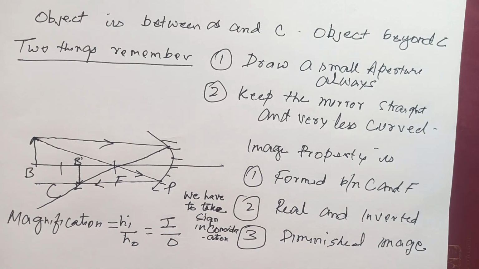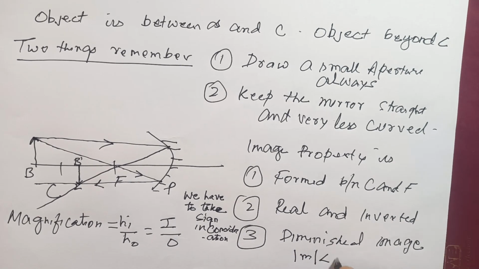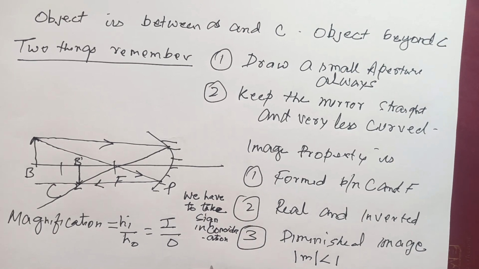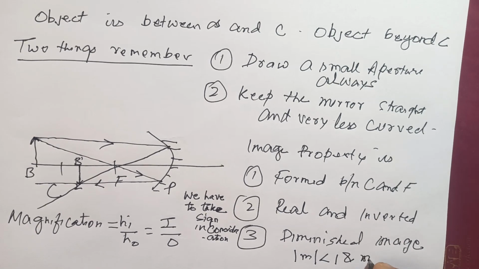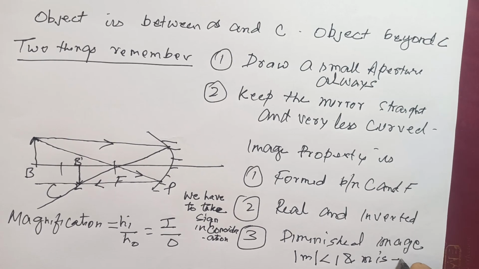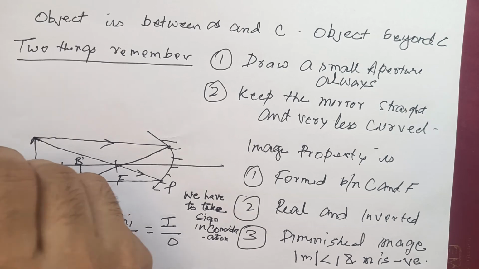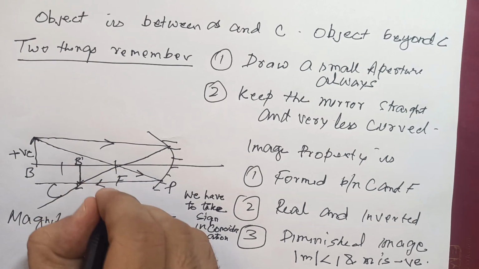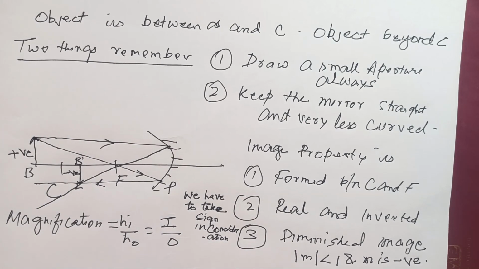So I can say here that mod of m is less than 1, and m is negative. Now remember, above is positive and below is negative. This we have covered in our previous lecture as well. Okay, very good.